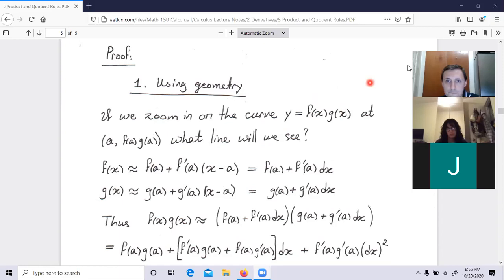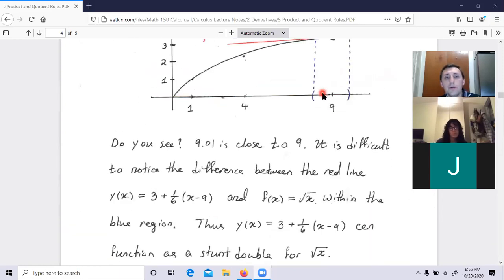Wait, Professor, can you... so all right, the whole process with the root of 9.01, right? We have to find the number that's closest in that area that makes a straight line, which is 9, right? And after we go through that process, do you see where we found 9?